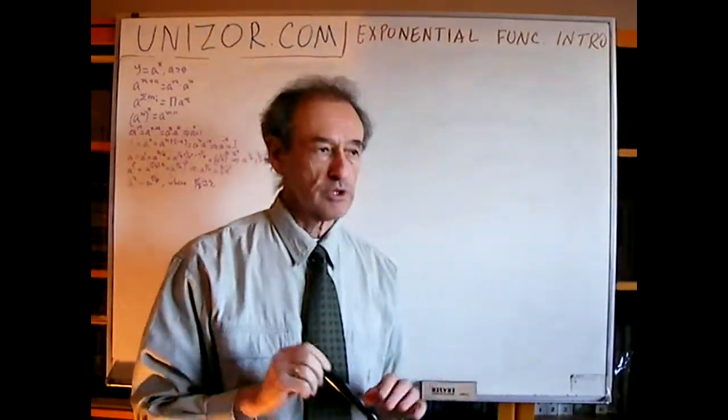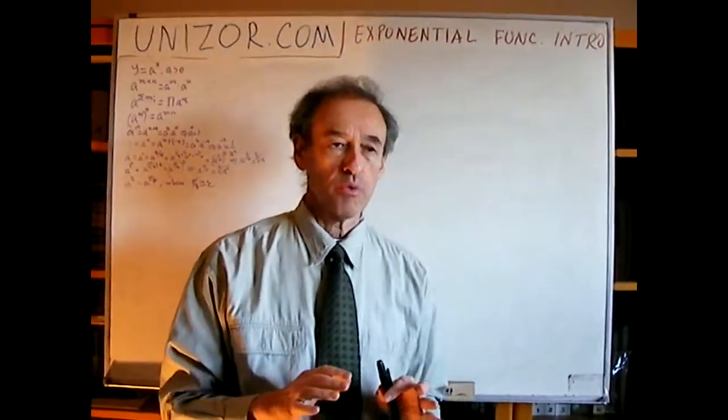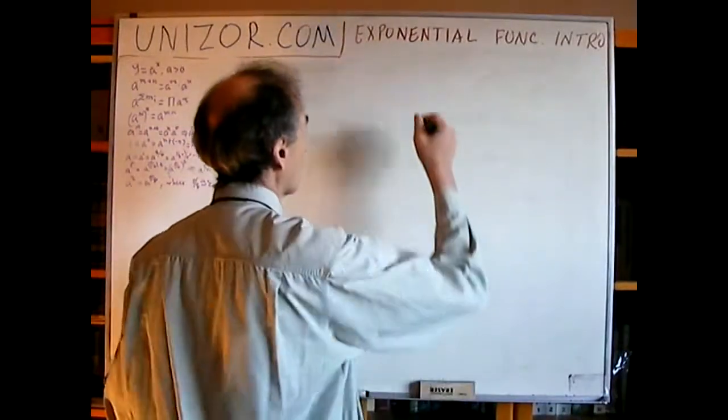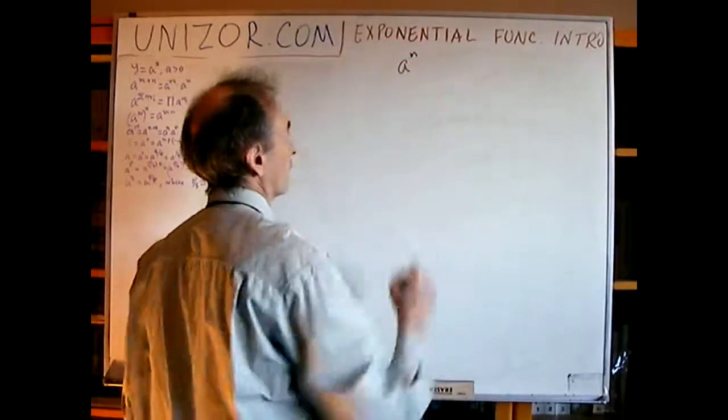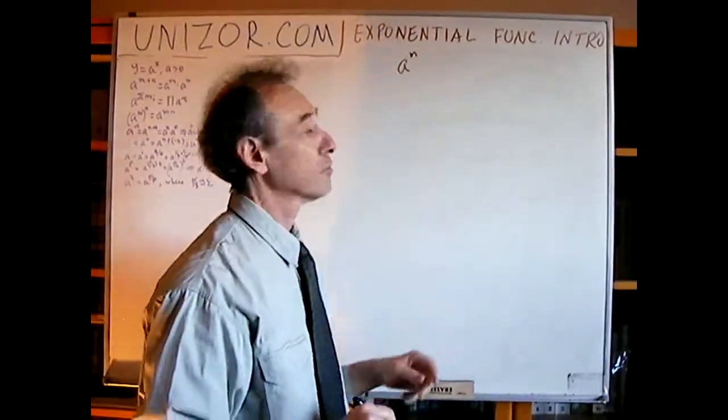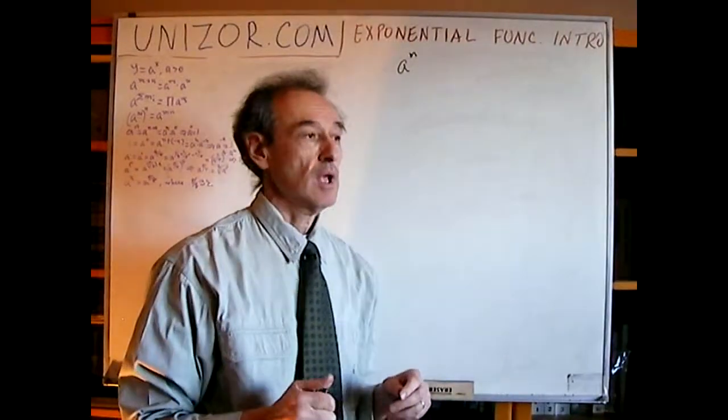Now, before doing that, I would like actually to point two very important properties of this particular expression where a is a positive real number and n is natural number.